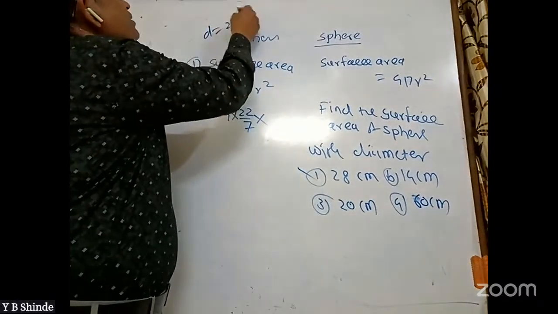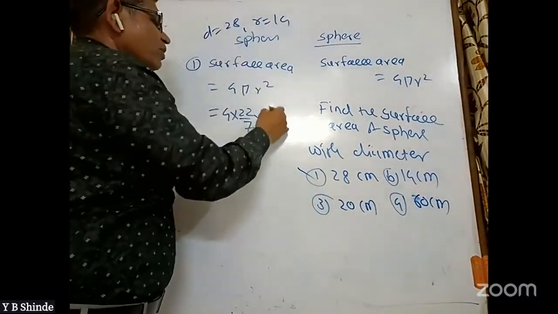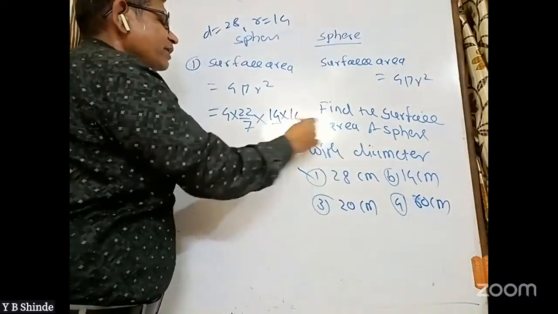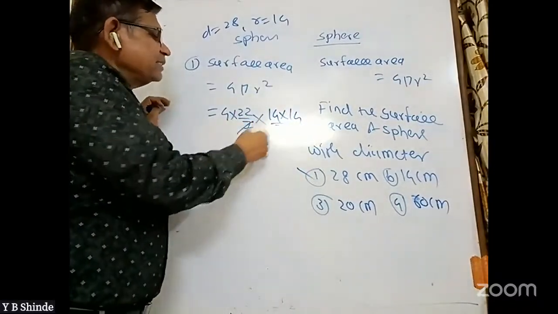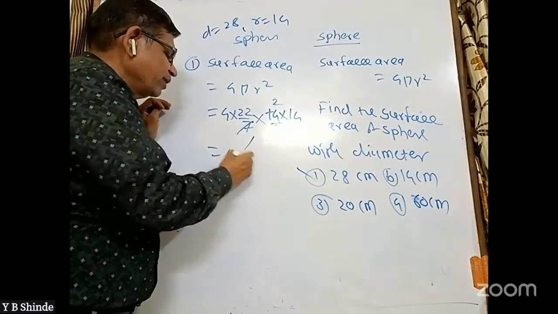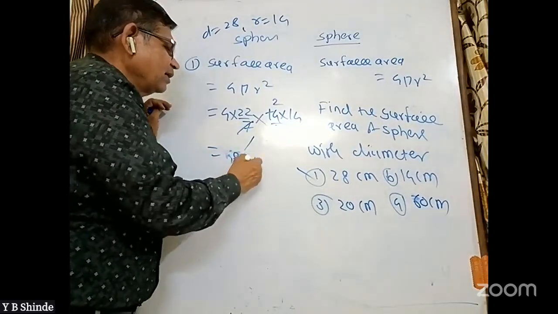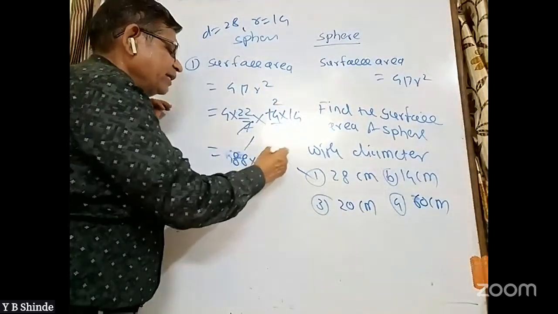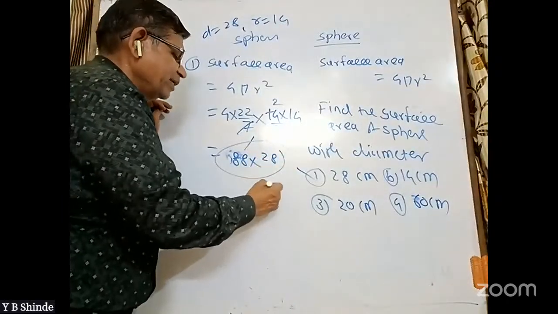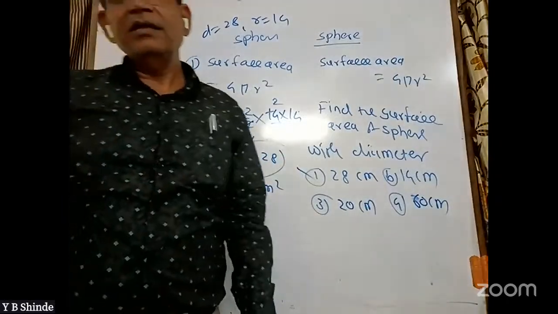Diameter is 28, so r will be 14. 14 square, 14 into 14, I have written directly. 7 ones are 7, 7 twos are 14. You will calculate 4 into 22, that is 88. 88 into 14 twos are 28. Calculate, it will be centimeter square. Calculation is your part.